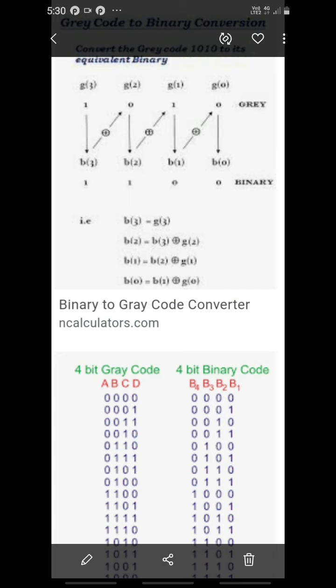So this is the answer. And take 1001. Take the MSB like this: 1, 1 plus 0 is 1, 0 plus 0 is 0, 0 plus 1 is 1.